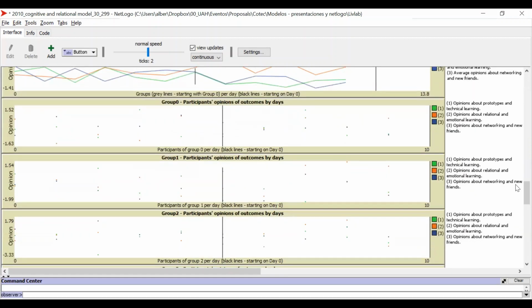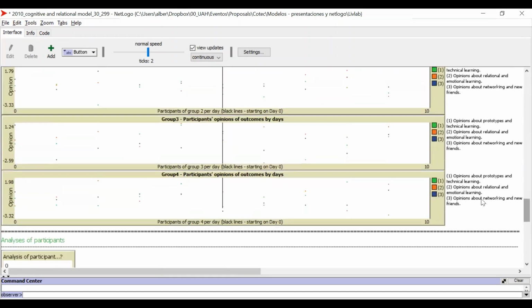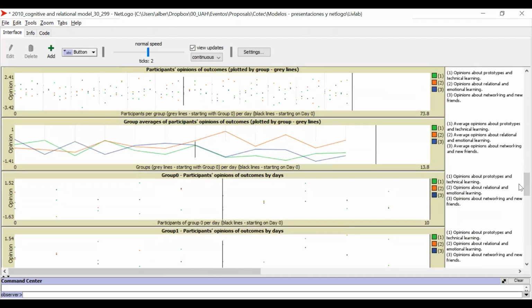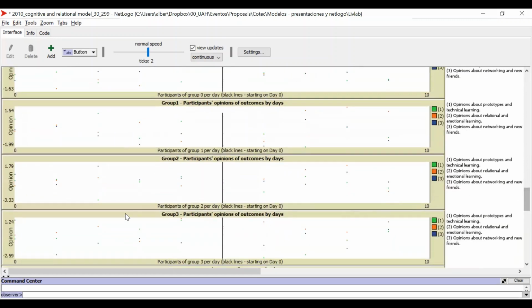The next graphs from group 0 to group 4 are similar. They show in detail and per group the information that we also have up here with all the groups pooled. So that should be about it.